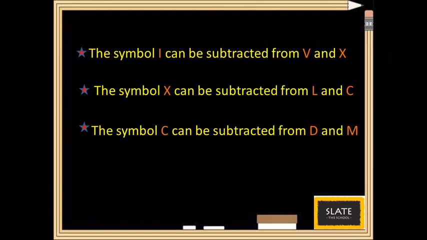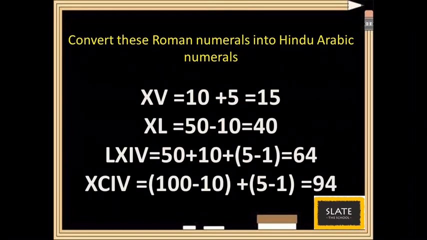Let's convert these Roman numerals into Hindu-Arabic numerals. XV is equal to 10 plus 5 is equal to 15. XL is equal to 50 minus 10 is equal to 40. LXIV is equal to 50 plus 10 plus (5 minus 1) in the bracket is equal to 64.